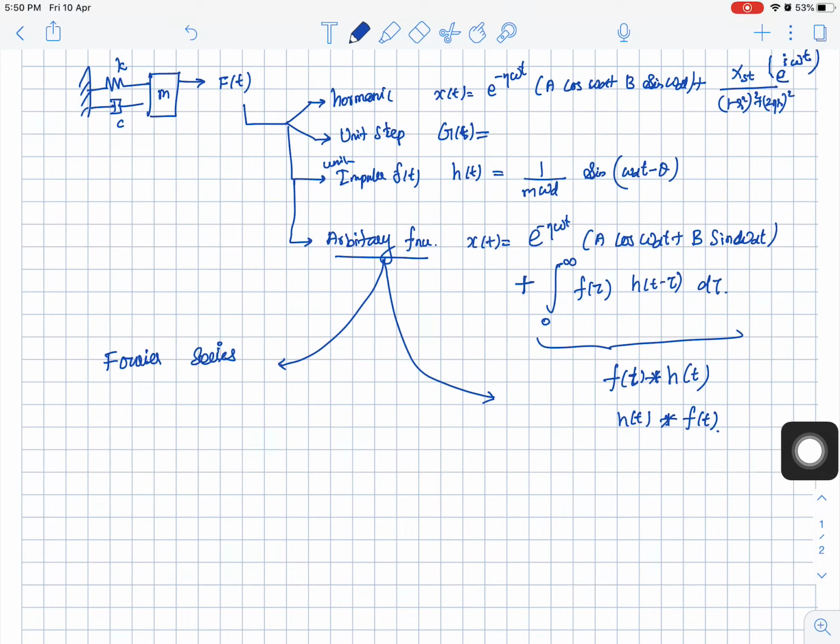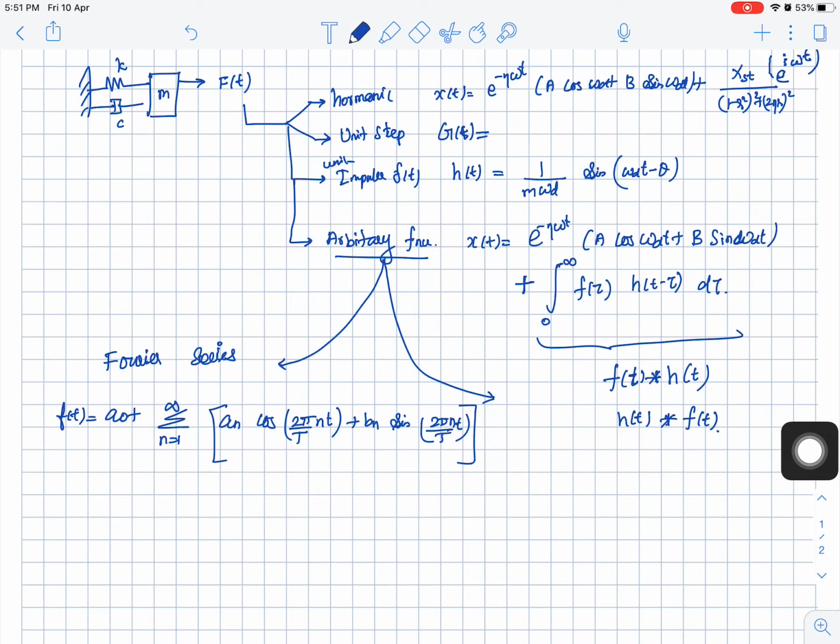So any function will be represented as Fourier series. Here t is time period, sine 2 pi n by t into t.